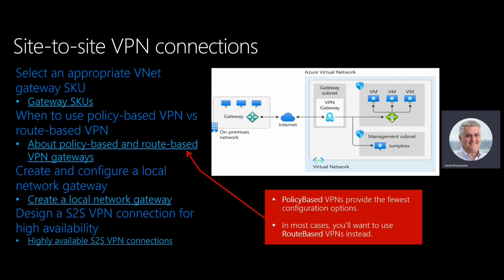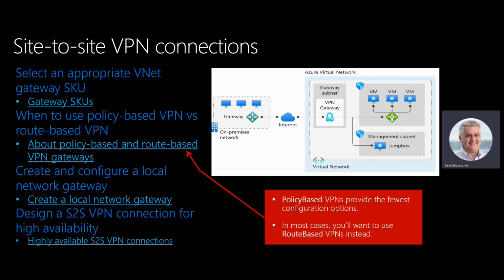As I mentioned before, it's important to know which SKUs can support which types of features, and this is one of those. So policy-based VPNs can only be used on the basic gateway SKU. That means that this VPN type is not compatible with your other gateway SKUs. You can have only one VPN tunnel when you use a policy-based VPN.